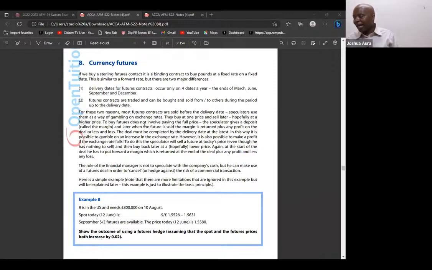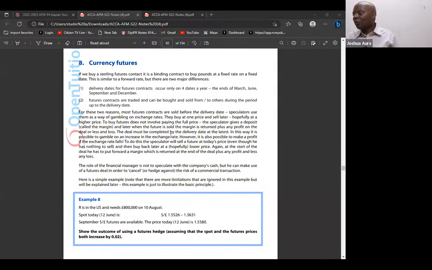They buy at one price and they sell later, hopefully at a higher price. To buy futures does not involve paying the full price. The speculator gives a deposit called the margin, and then later, when the futures is sold, the margin is returned plus any profit on the deal or less any loss.